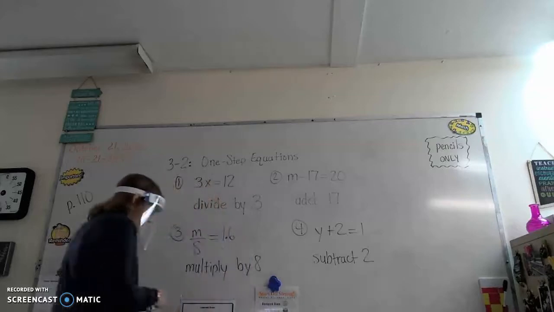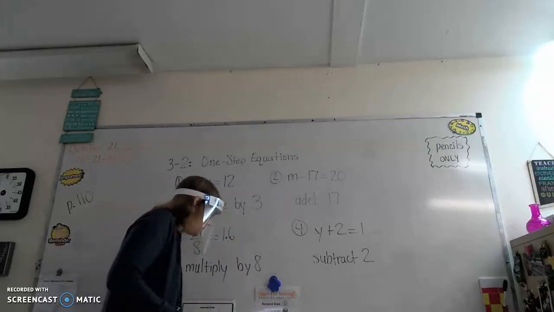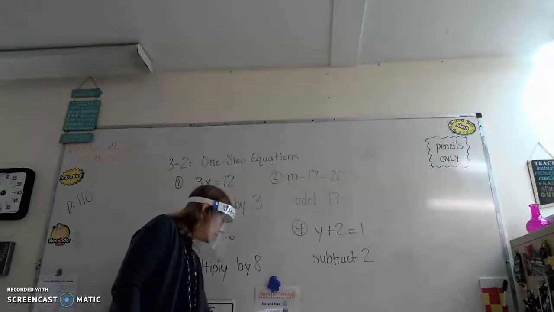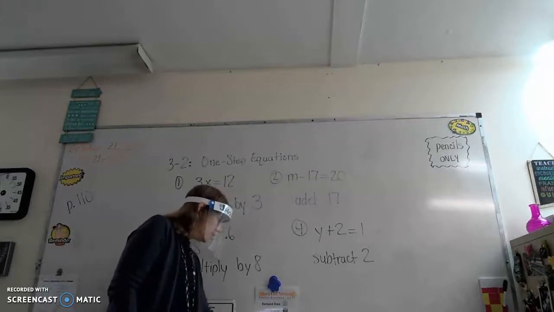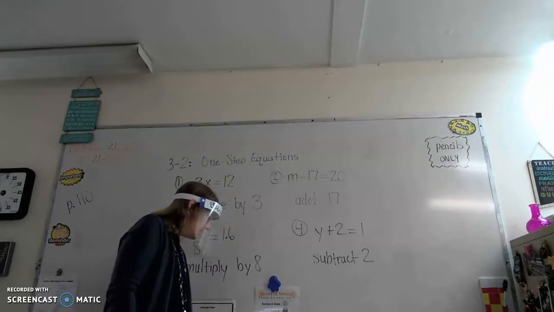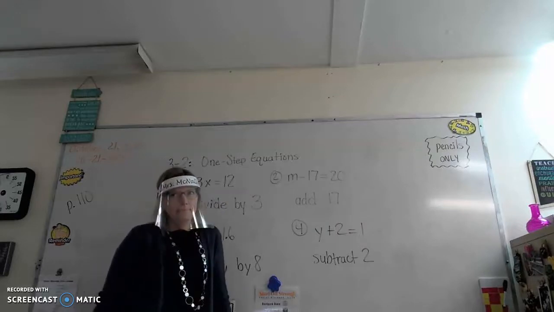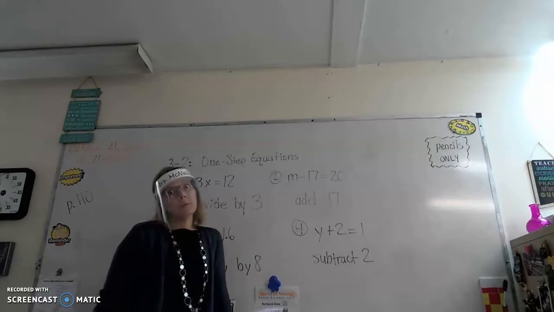And then number 5 and 6, we're just going to talk because I think you're getting the idea. Number 5. What do we do to solve 5? Oh my goodness, nobody has their textbook out.